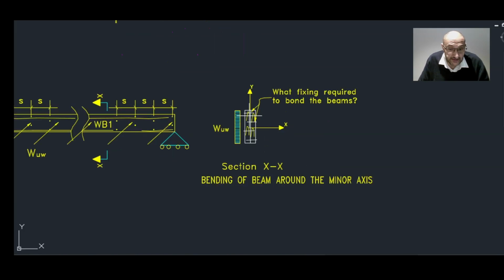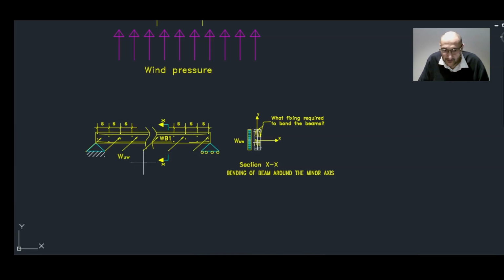We will do this using the shear stress and shear flow equations. Hopefully it will be super fun. This beam is set to bend around the minor axis, and we will also work out the wind pressure as per the Australian Standard AS 1720.3.